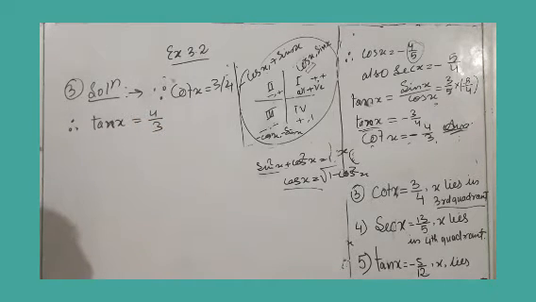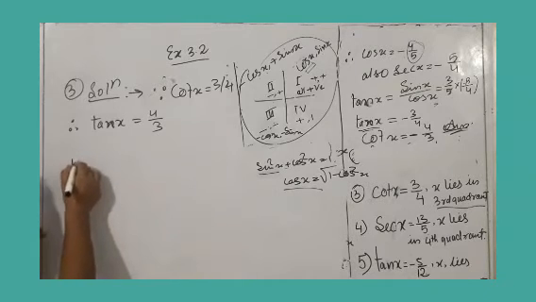Then what can we find out? We cannot find it out easily, right? So we have to bring the relation. What relation do we bring at first? We can bring the relation of tan and sec.